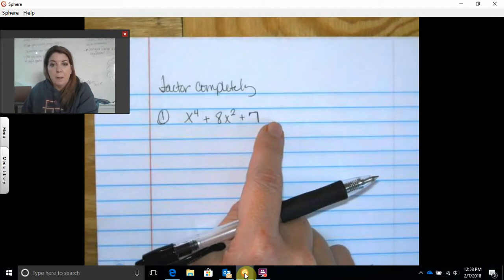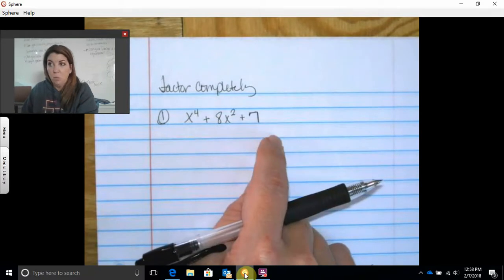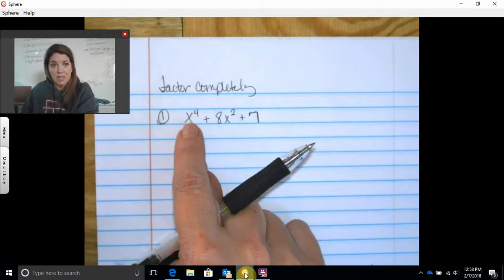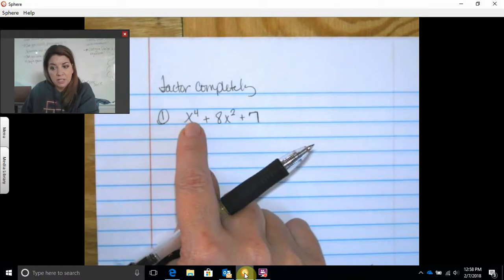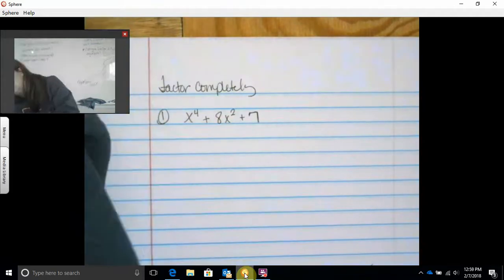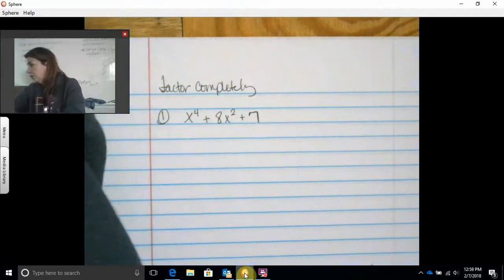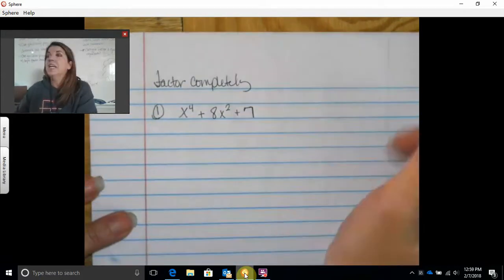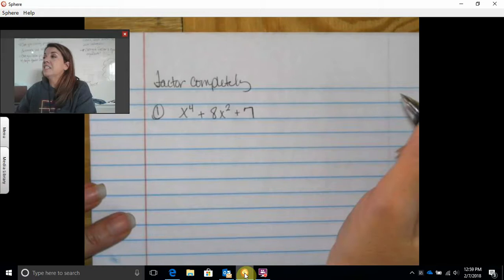So you're going to use this method when you have a polynomial that has 4 degrees, 2 degrees, and 0 degrees. If it doesn't, you can't use this method.